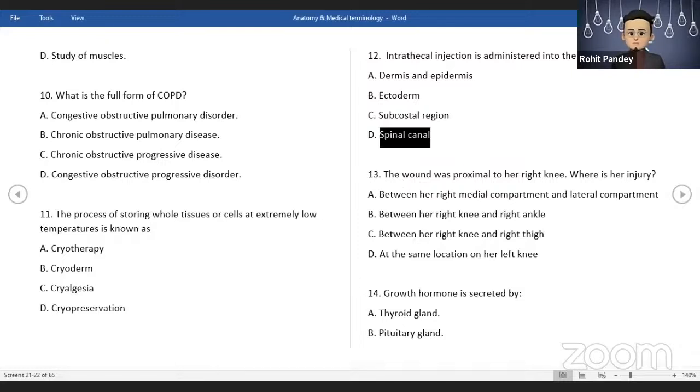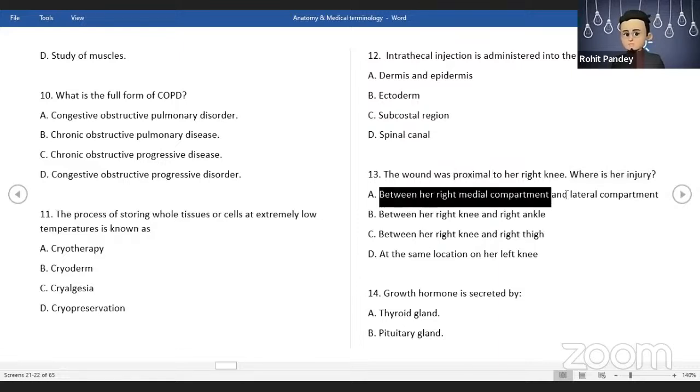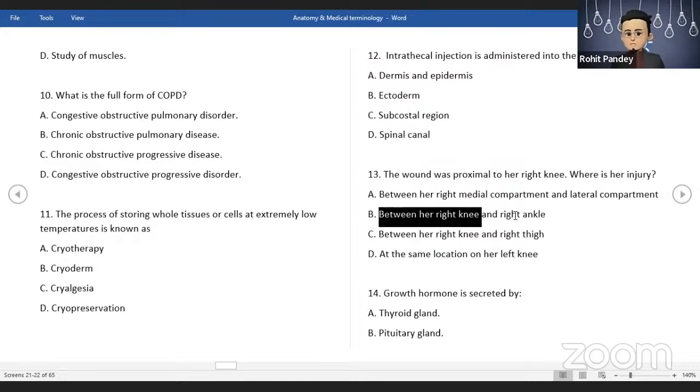Now come to the 13th. The wound was proximal to her right knee. Where is her injury? Proximal. A, between her right medial compartment and lateral compartment; B, between her right knee and right ankle. Just make an image in your brain.